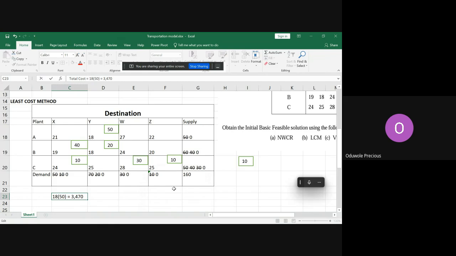Okay, 18 and 15 plus. What's the next one? You know that you can just calculate it anyhow you like.